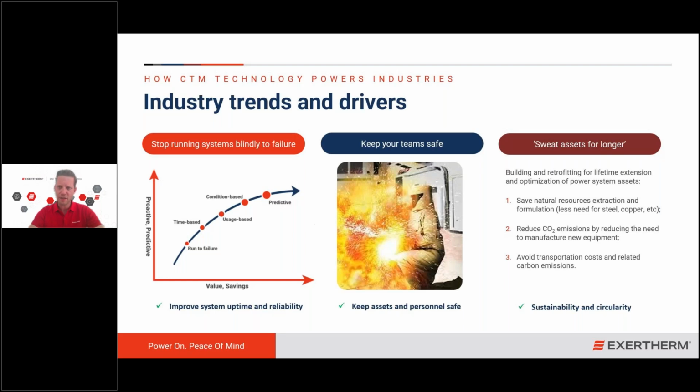So it's all about building and retrofitting power systems for their lifetime extension and optimizing them as we go.